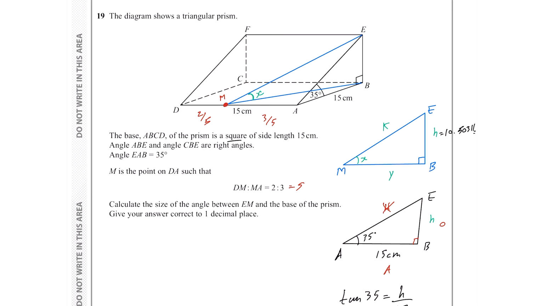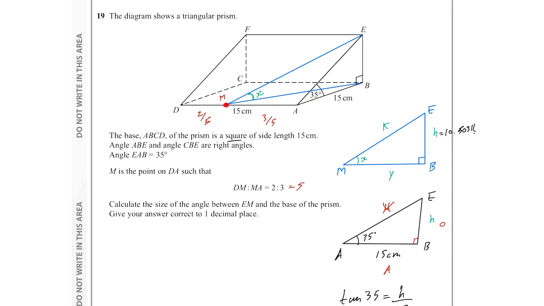Now we just need to find one other side. It looks like it's going to be easier to find Y than it is going to be to find K. Again, if I highlight, I'm now going to draw this triangle on that I'm highlighting. That's that base triangle there at the bottom.